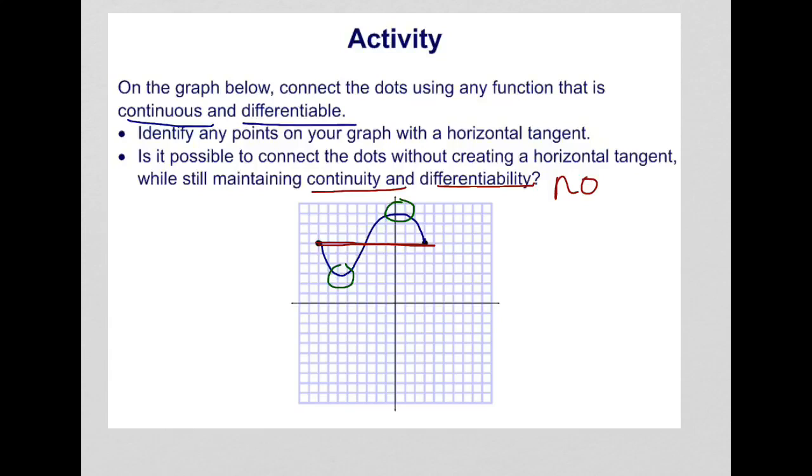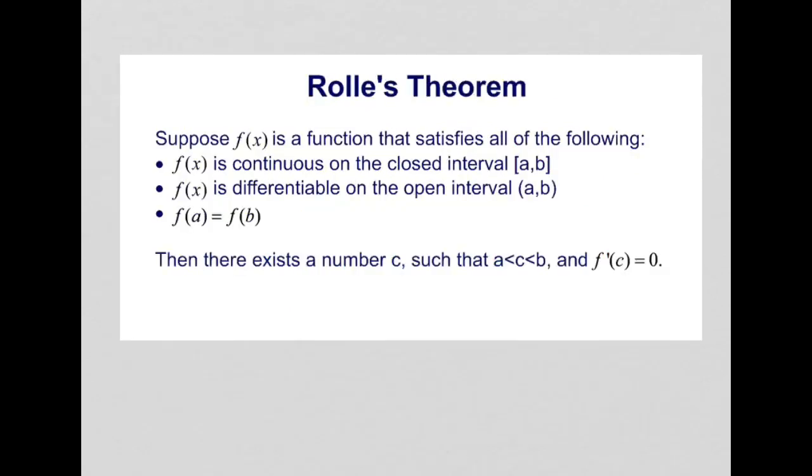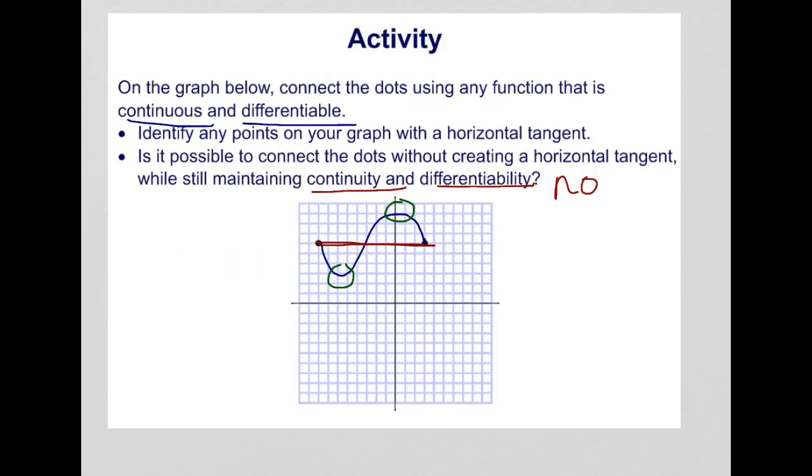But if we use that, then we're going to use his theorem to help us answer some questions. So his theorem says, suppose f of x is a function that satisfies all the following. It is continuous and differentiable, and that f of a is equal to f of b. So if you go back to this, my value of f of a is equal to f of b.